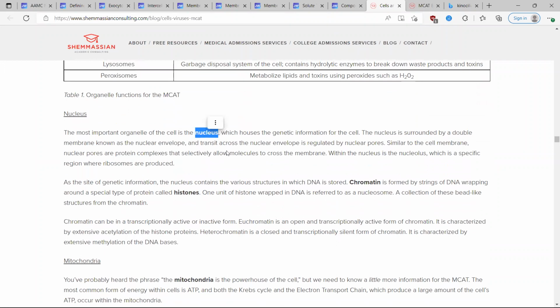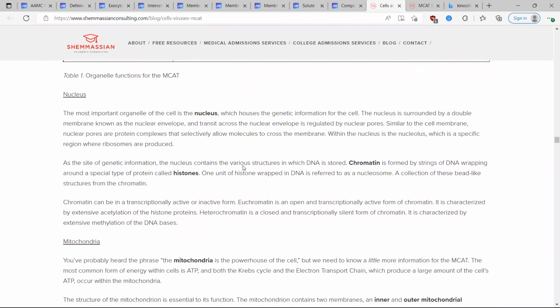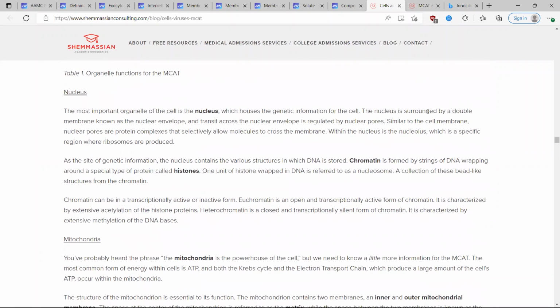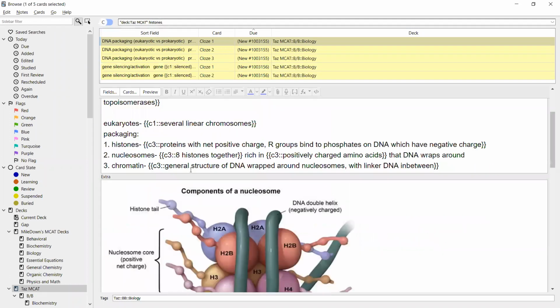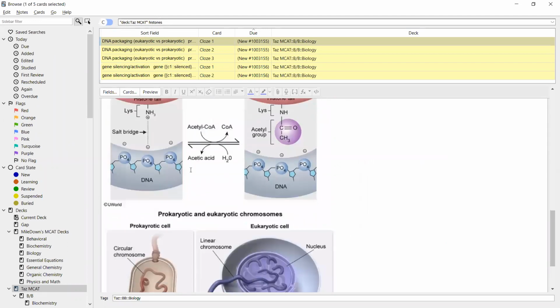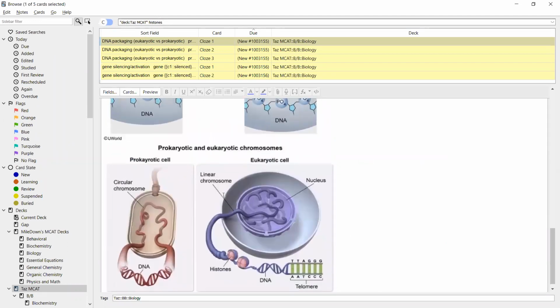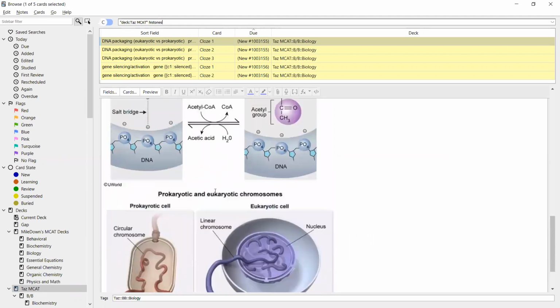We talked about the nucleus extensively when we talked about DNA, right? The nucleus has a double membrane, the nuclear envelope, and it's very regulated what gets in or out. The DNA is stored in chromatin, wrapped around histones. We also talked about how DNA is stored, tightly wrapped, DNA packaging, around these little histones inside the cell.